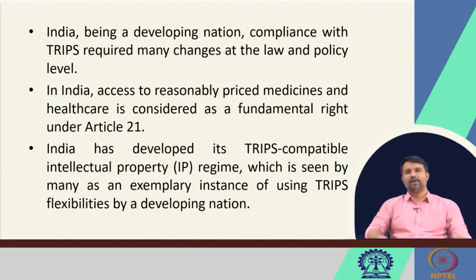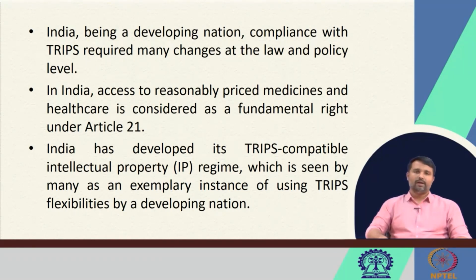India has developed its own TRIPS compatible intellectual property regime, which is seen by many as an exemplary instance of using TRIPS flexibilities by a developing nation. So, as a developing country, India had to make several changes in the legal system in order to incorporate the standards of intellectual property rights prescribed under the TRIPS agreement.